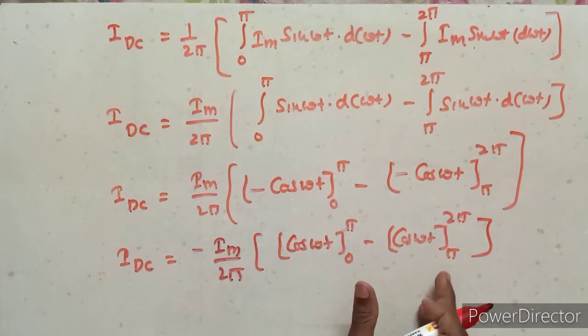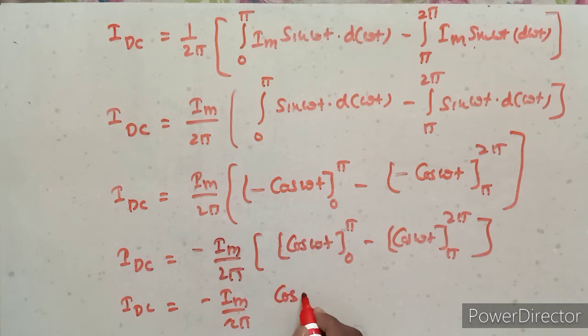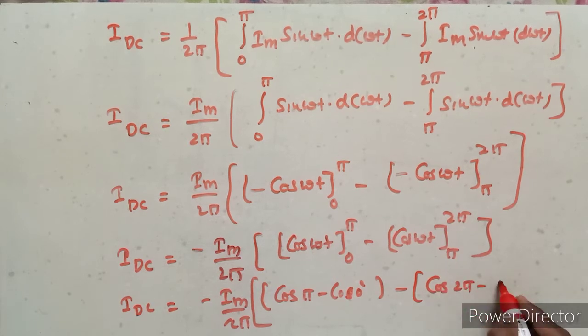The boundary conditions are applied here. The DC current equals minus Im upon 2 pi, cos pi minus cos 0 degrees, minus cos 2 pi minus cos pi.